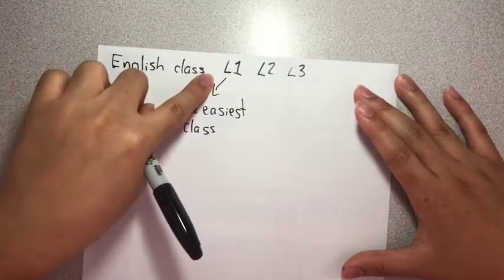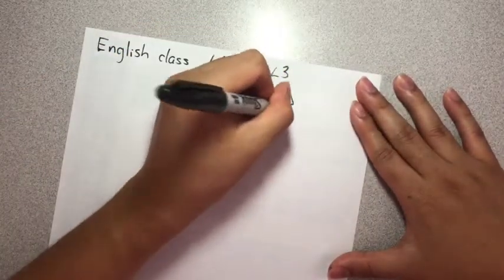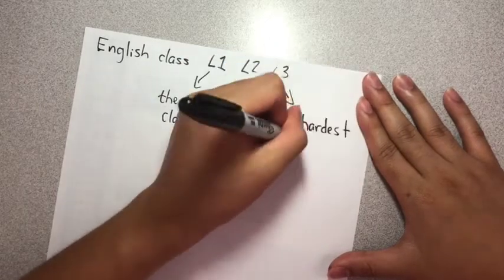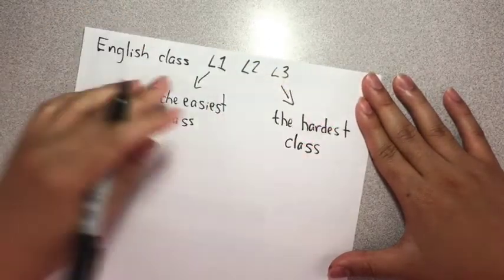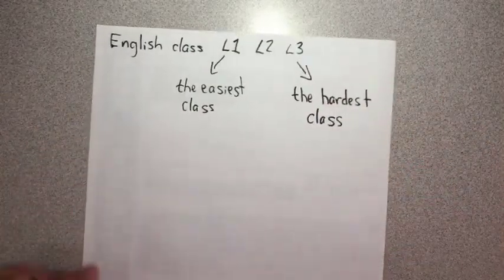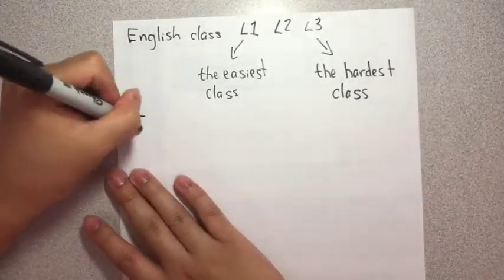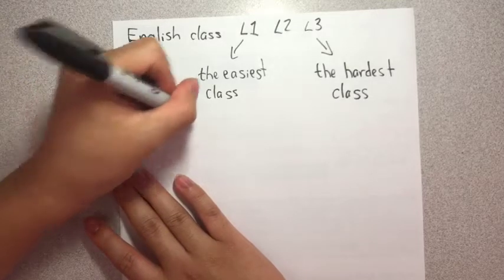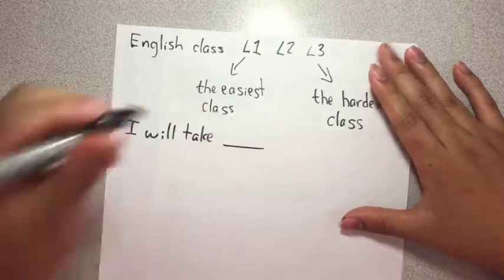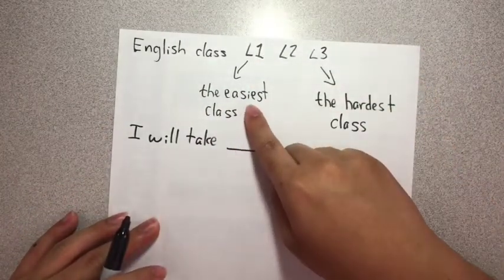Level 1 is the easiest class. And level 3 is the hardest class. Level 1 is the easiest class, and level 3 is the hardest class. So, which class do you want to take? Maybe, so let's say I will take level 1 because it is the easiest class.